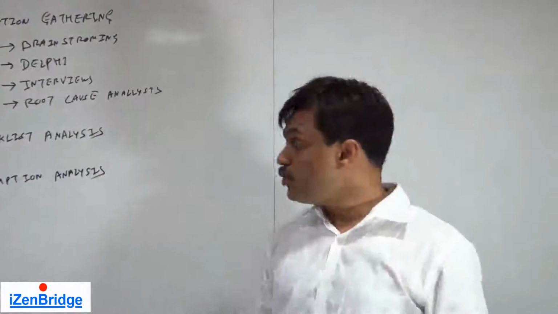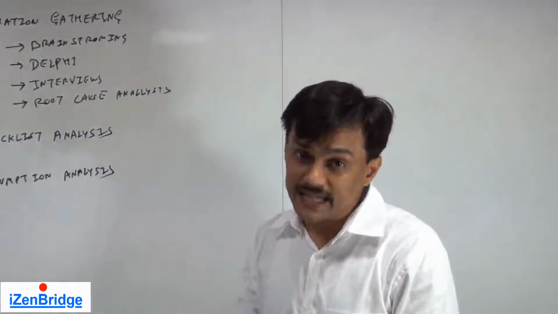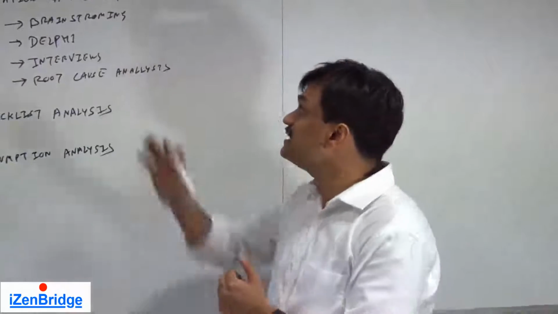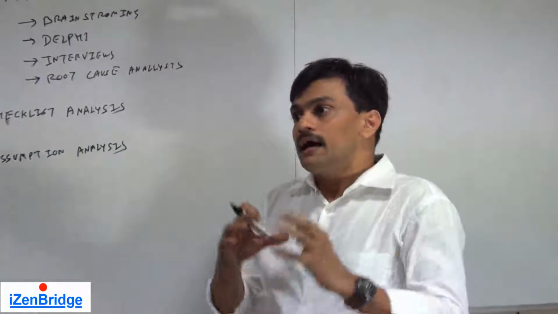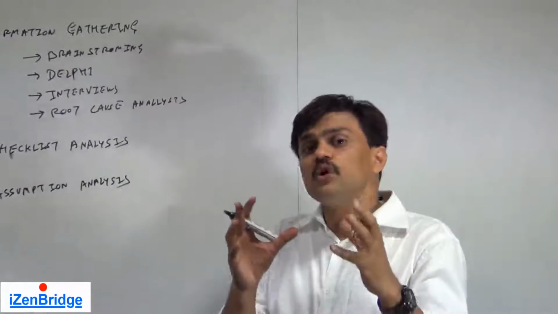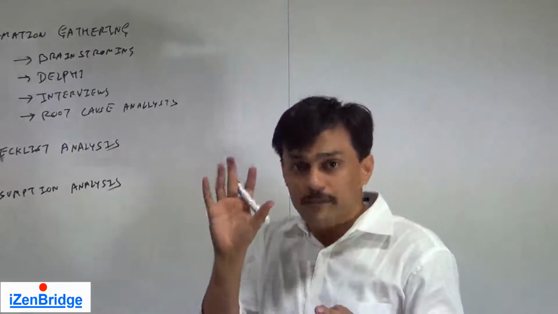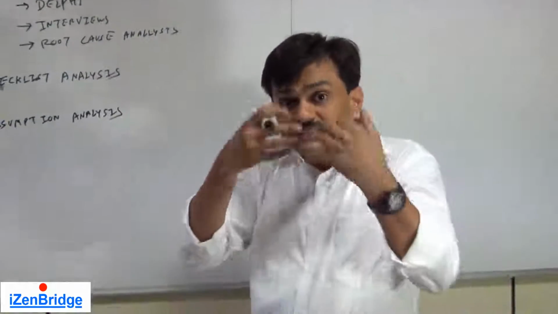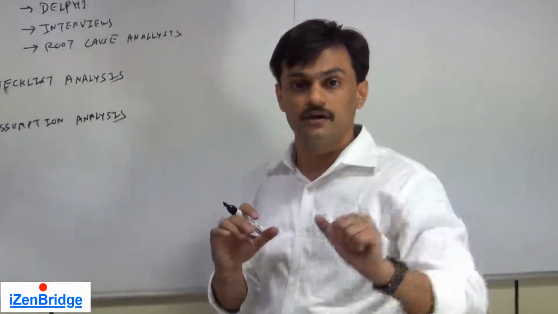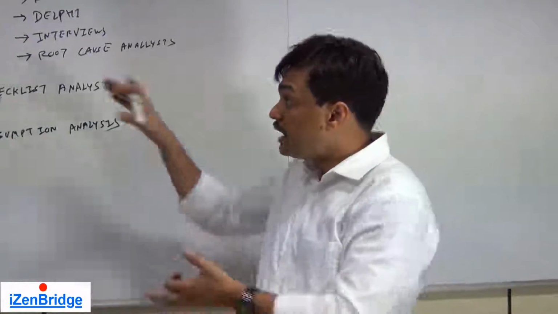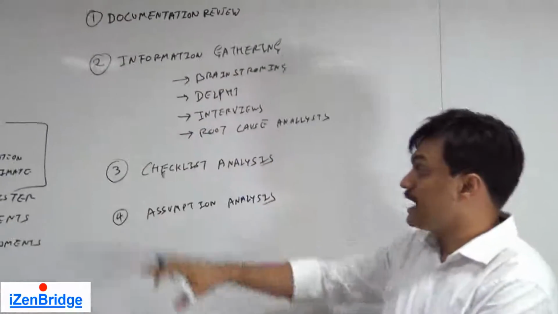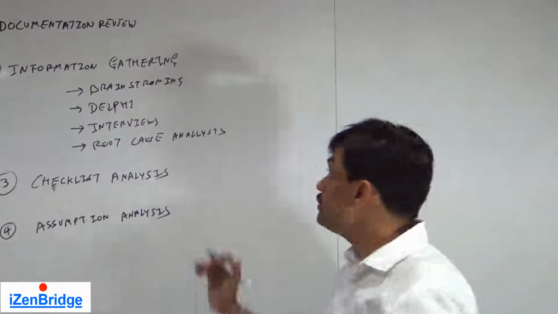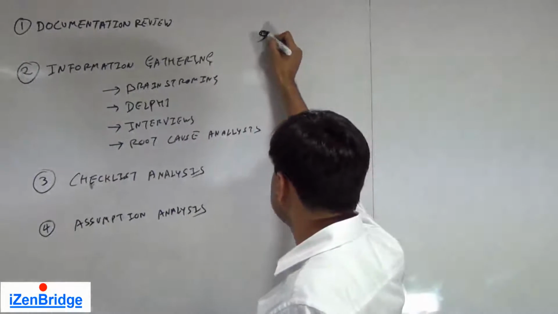What else? You may apply some diagrammatical techniques. Now, you may think that there are so many techniques in risk identification. Identifying risk is more or less similar to identifying a requirement, because we are trying to put our mind and extract something which is not readily available. It will require techniques like information gathering and diagrammatical analysis.